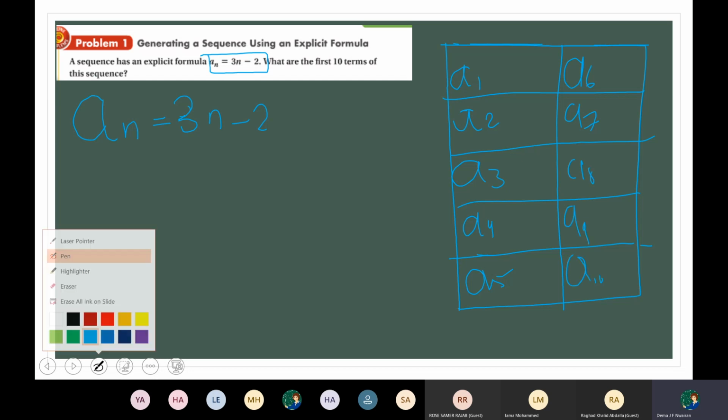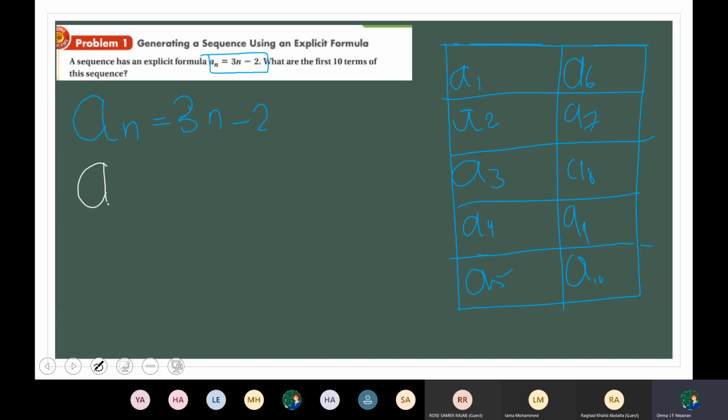Now let's start with A1. Look here. A sub 1 is 3 times, what is n here? It is 1. So 3 times 1 minus 2. Then I will simplify. 3 times 1 is 3, minus 2 is 1.